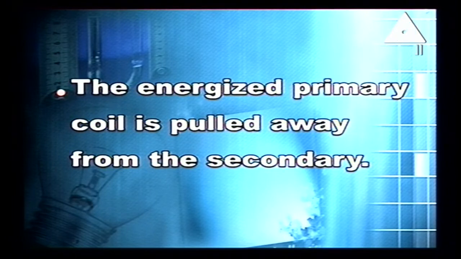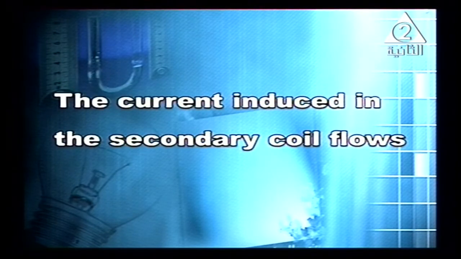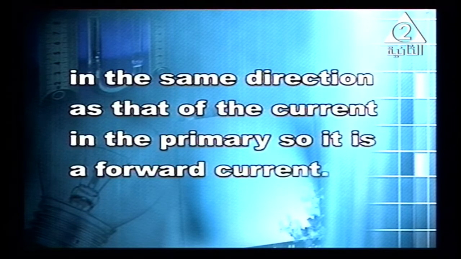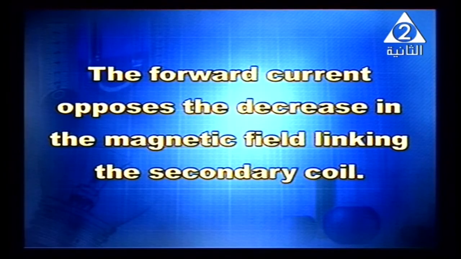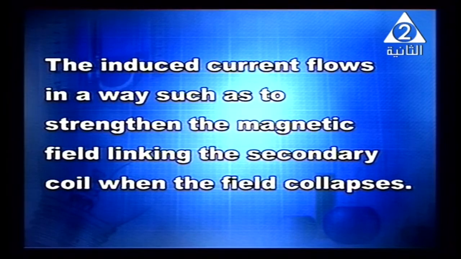In these cases, the magnetic field linking the secondary coil is decreasing, is collapsing. The current induced in the secondary coil flows in the same direction as that of the current in the primary, so it is a forward current. The forward current opposes now the decrease in the magnetic field linking the secondary coil. The induced current flows in a way such as to strengthen the magnetic field linking the secondary coil when the field collapses.